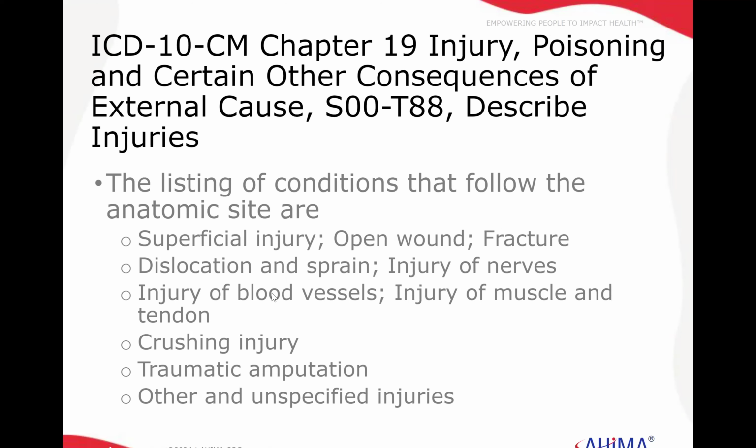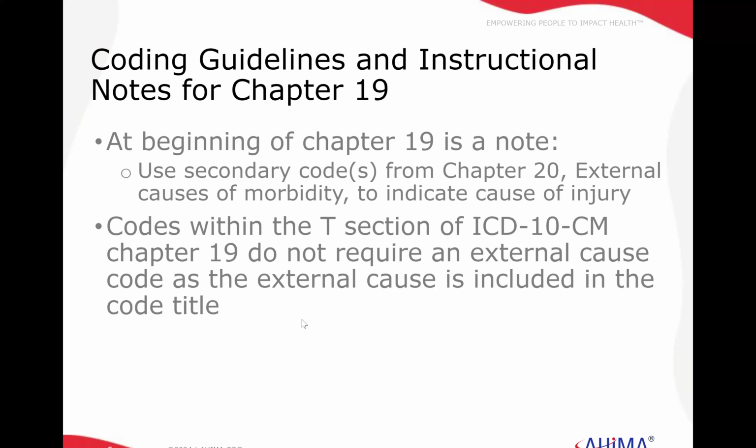Blocks T20 through T32 classify burns and corrosions. And at the beginning of chapter 19 is a note to use secondary codes from chapter 20, external causes of morbidity, to indicate the cause of injuries.